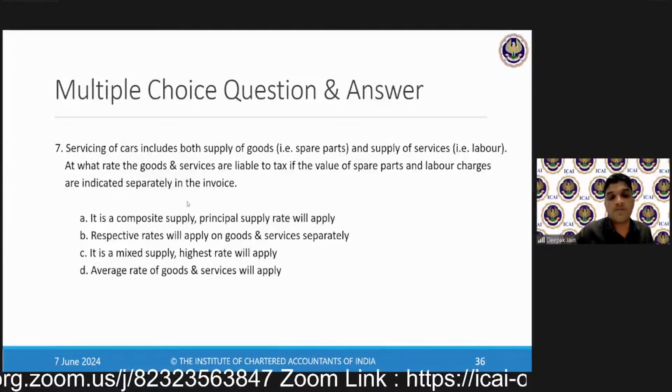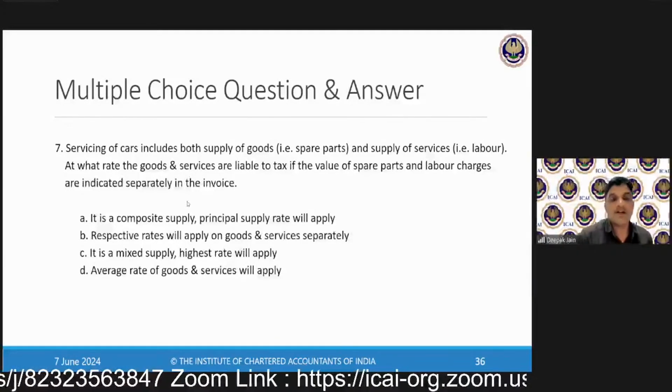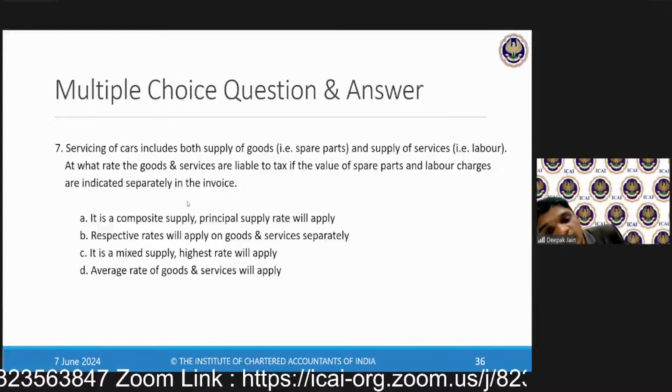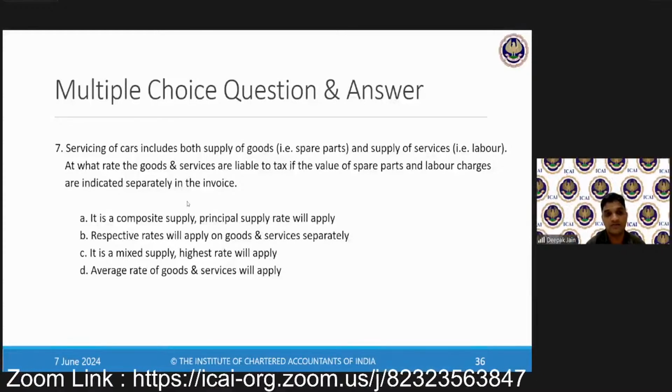Servicing of cars includes both supply of goods and supply of services. At what rate are the goods and services charged if they are shown separately in the invoice?